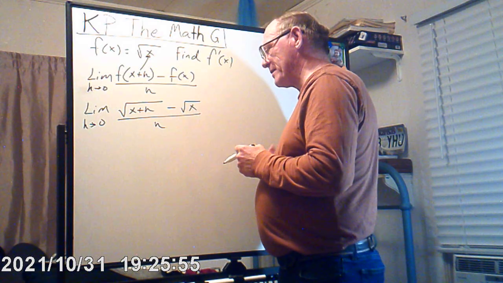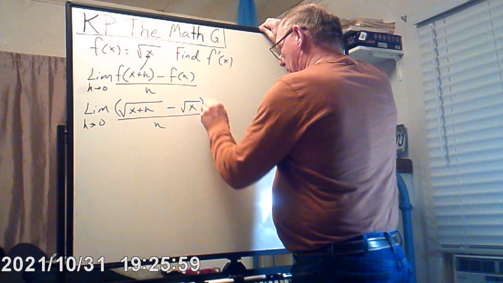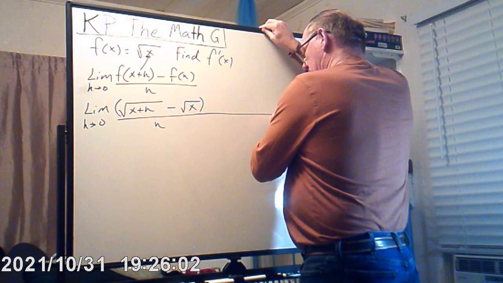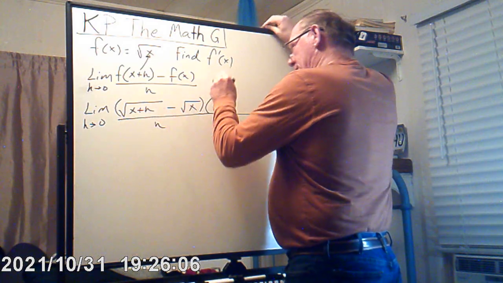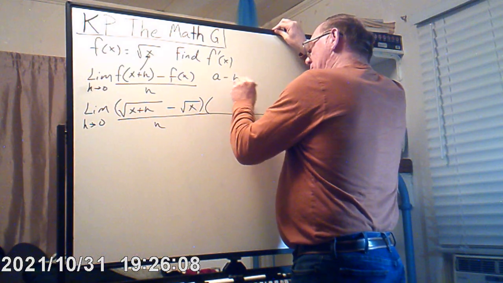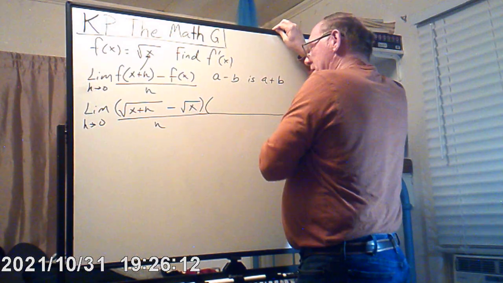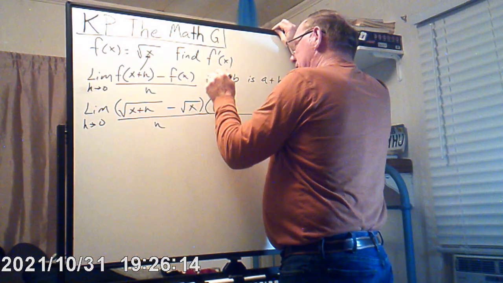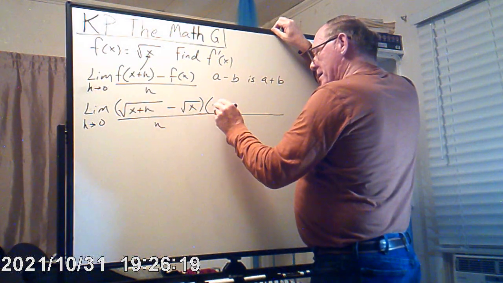We call it a conjugate. The conjugate of a minus b is a plus b, and vice versa.